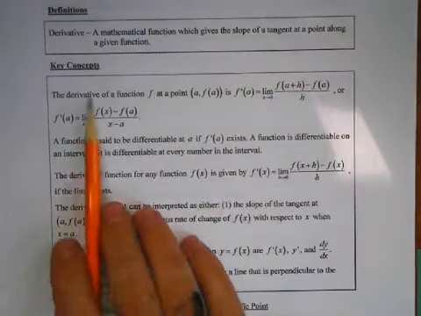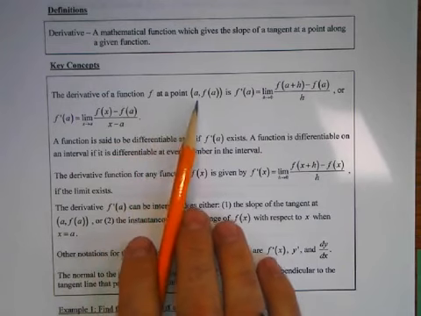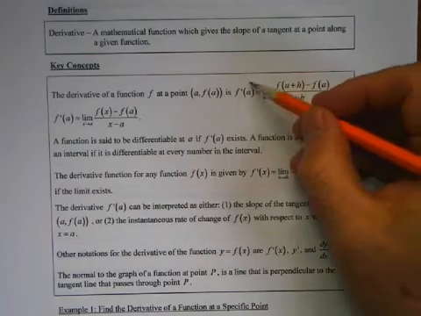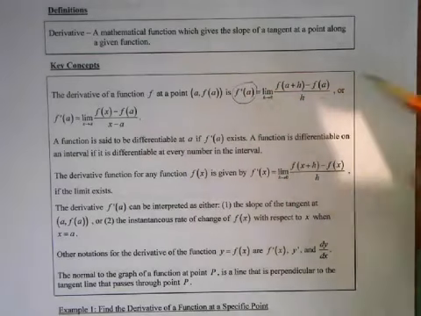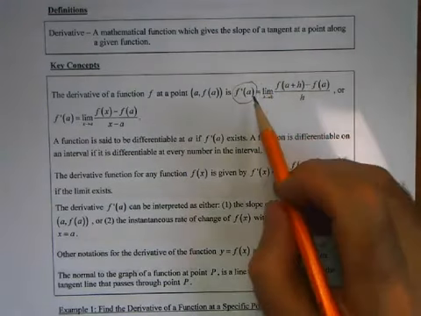So here's the formal definition. The derivative of function f at a point a, comma f of a is, now here's something new. Instead of saying slope of a tangent or the limit, we have this new notation here.